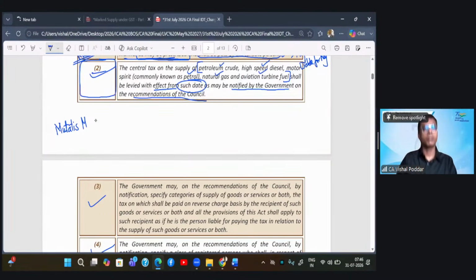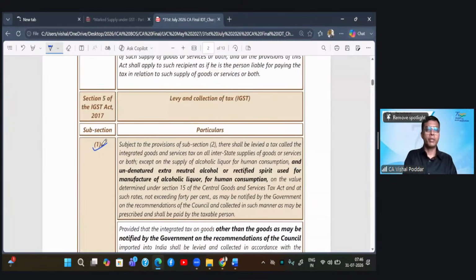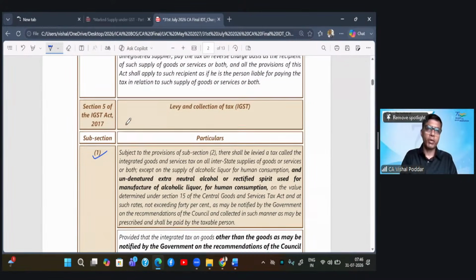Now whenever this phrase is used, what does it mean? So now how do I use this phrase? I said this charging section 5 subsection 1 of the IGST is mutatis mutandis to 9 subsection 1 of CGST.